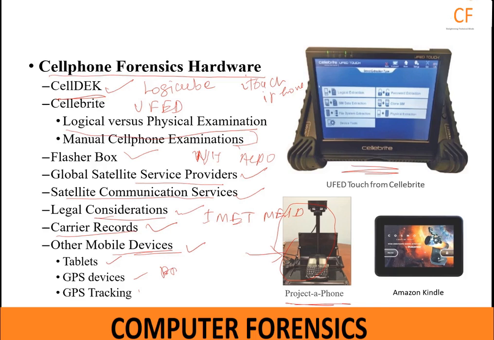Some tablets also come with a data plan that runs on a cellular network. Computer forensics tools like Device Seizure, Cellebrite, and BlackLight support a number of tablets. The diagram shows the Amazon Kindle, which runs on the Android OS.